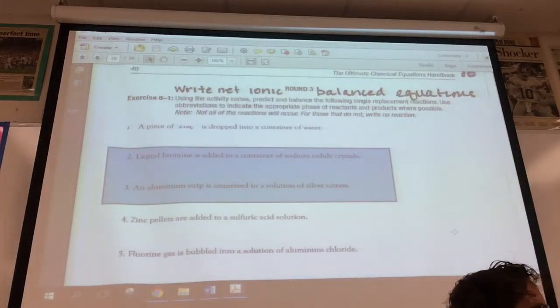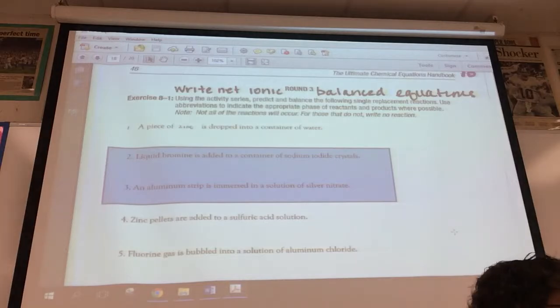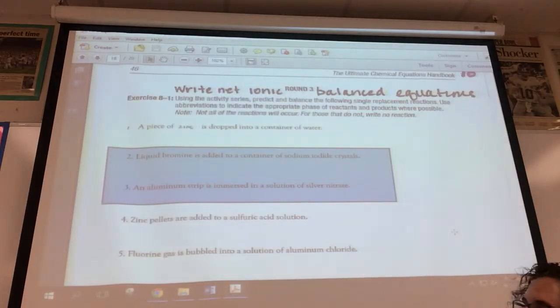See if you can do those. For now? Yeah. Well, or would you rather do it at the end of the lesson? Let's make sure you can do it. 2 and 3, go. Well, if you can't find it, it's right there on the screen.